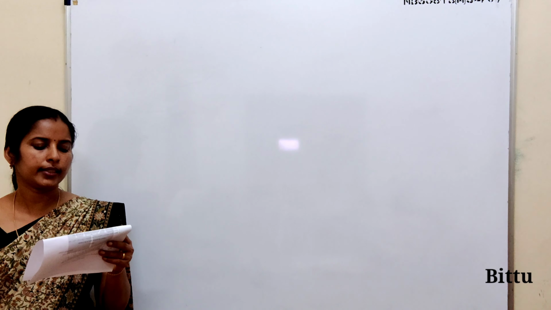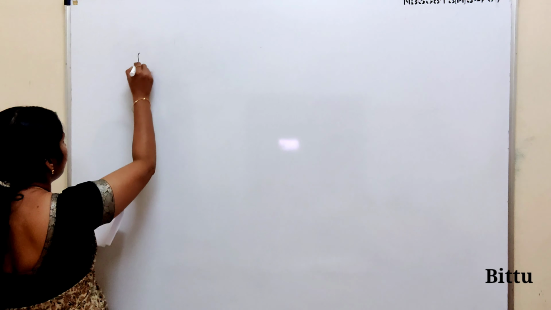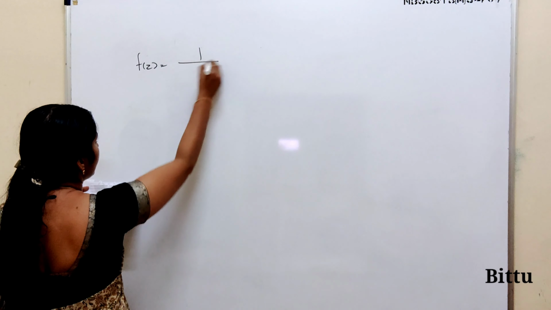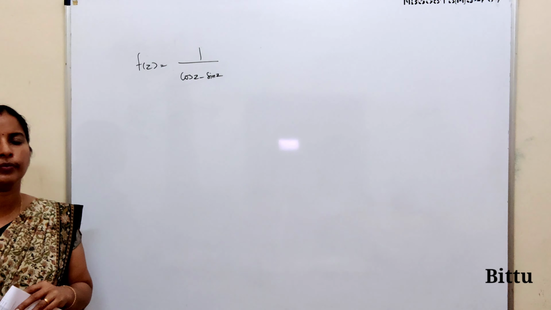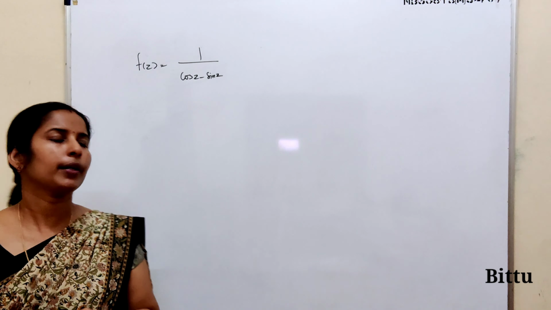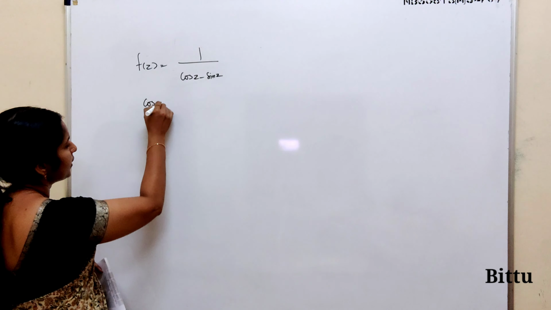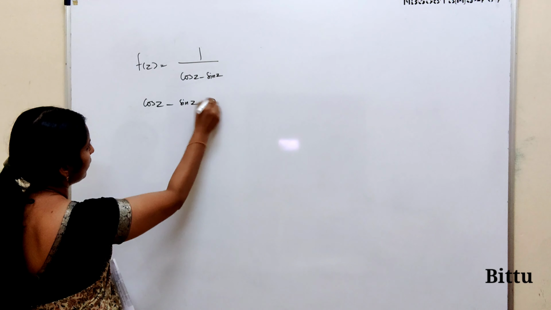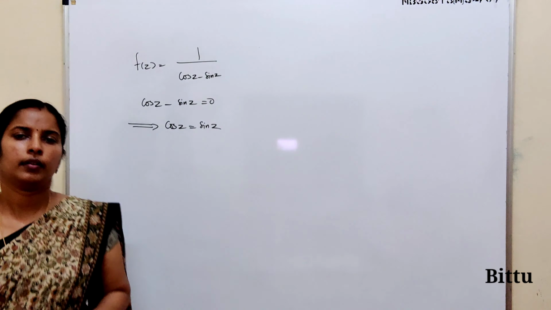Our ninth question is, what type of singularity does the function f is equal to 1 by cos z minus sin z have? You can find its singular point by setting the denominator equal to 0. That is cos z minus sin z equal to 0, which implies cos z equal to sin z.